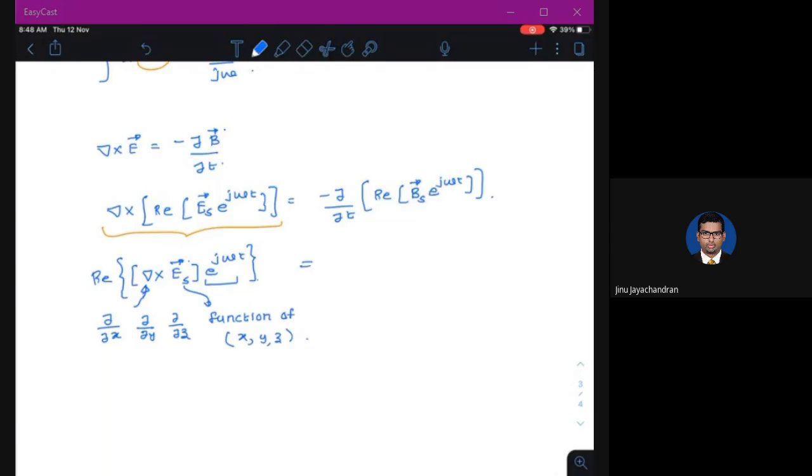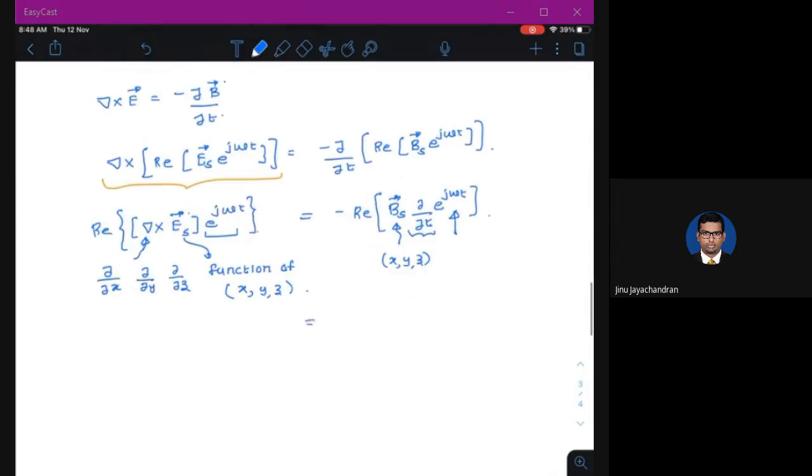Similarly, I can write this is equal to minus the real part of Bs into dou by dou t of e raised to j omega t. Why? Because Bs is a function of x, y, and z, and we are differentiating with respect to t, which will only influence e raised to j omega t.